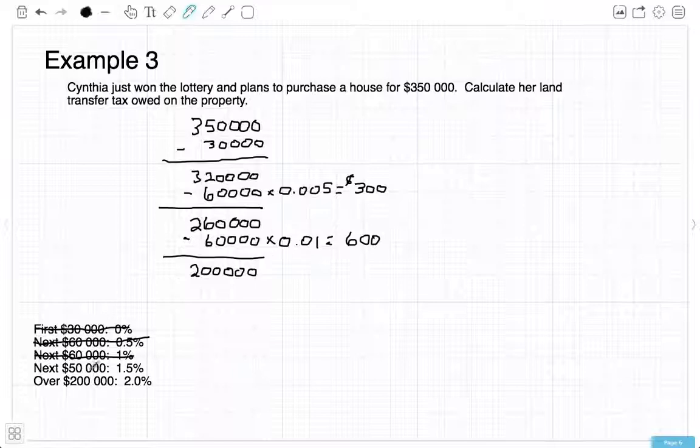Now it says the next $50,000 is taxed at 1.5%. I'm still over $50,000, so I'm going to put down the full 50,000 here. 1.5%, again, you have to be careful. This is a weird little number. It's 0.015, once you divide 1.5 by 100 or move the decimal twice to the left. 50,000 times 0.015 is $750.